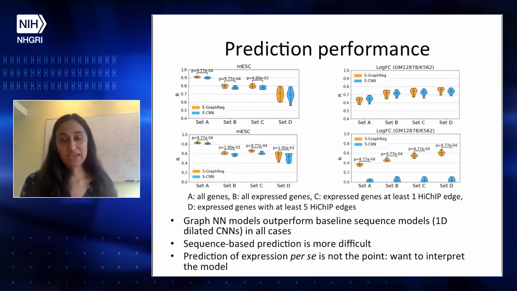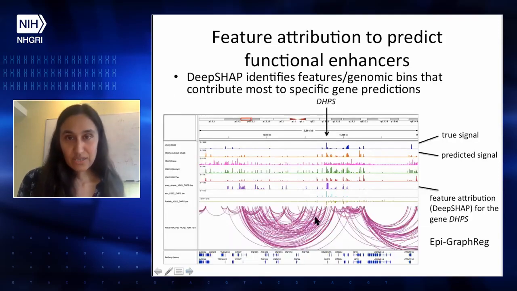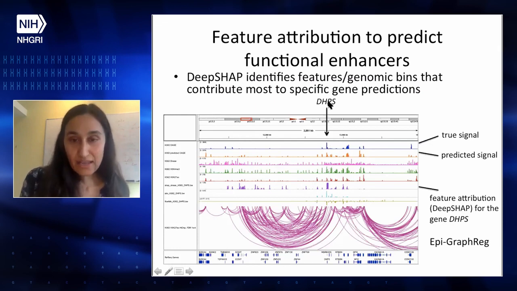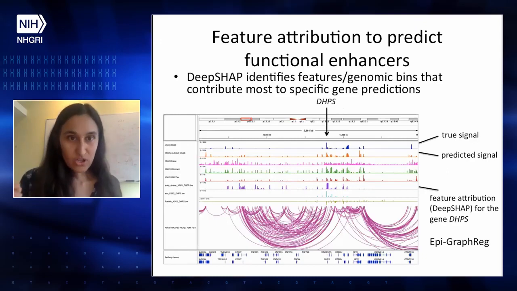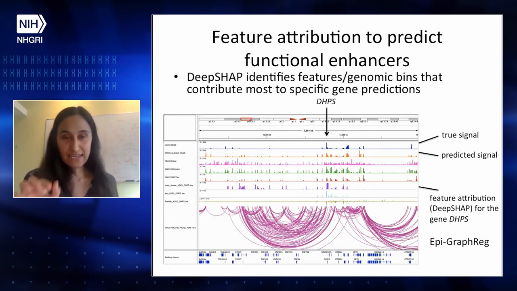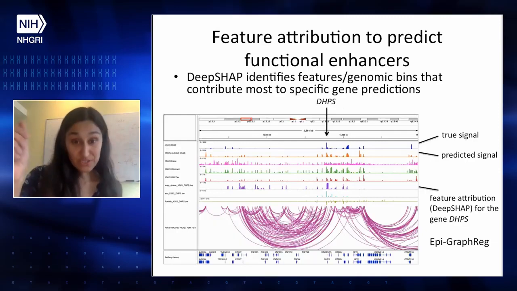We're doing this because we want to understand how gene regulation works and how individual genes are regulated. We want to interpret the model. So what we can do is use feature attribution to predict what are the functional enhancers for a specific gene. Here we look at a specific output, expression of the gene DHPS, and for all the input features, we can use a method called DeepSHAP that identifies which bins of that feature contribute most to prediction.